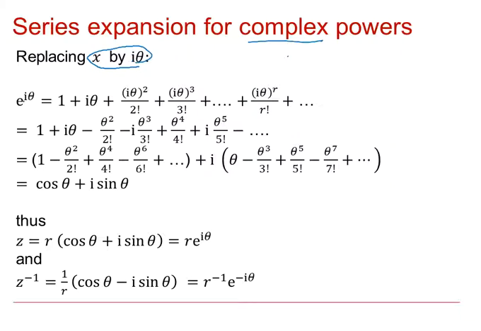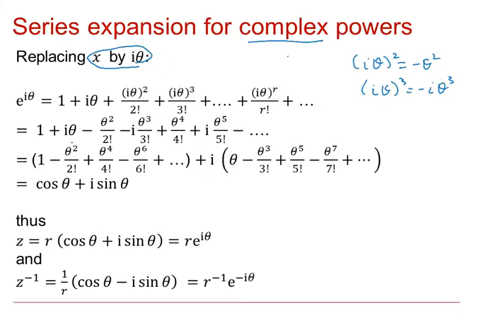So this is the expansion for e to the i theta: 1 plus i theta, squared over 2 factorial, etc. Now we're just going to simplify this using things like (i theta) all squared is minus theta squared, (i theta) all cubed is minus i theta cubed, etc.